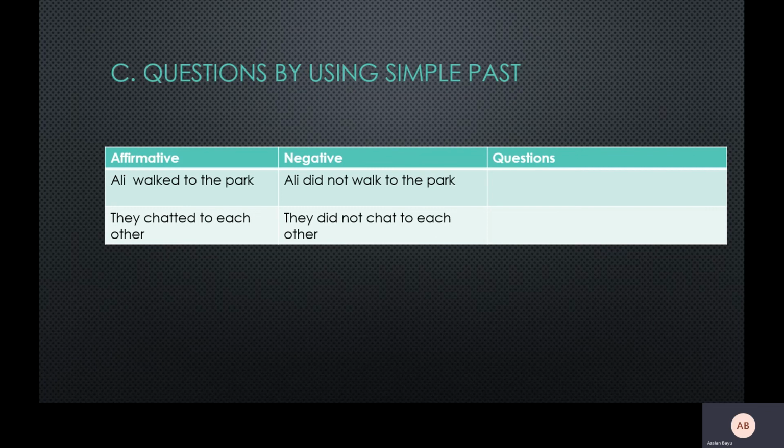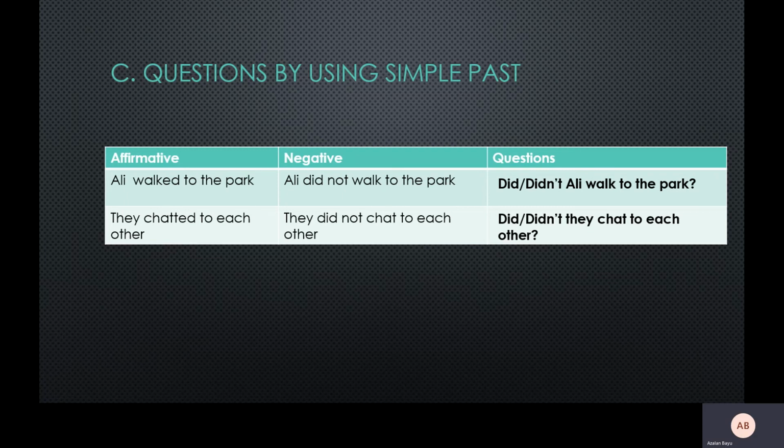Okay, to make a question is very simple. You just jumble up again. Okay, from the words Ali did not walk to the park or Ali walked to the park, it becomes did Ali or didn't Ali walk to the park. We just switch the word Ali, so the word did is in front of the sentence, at the beginning of the sentence, and Ali comes after that. Okay, so it becomes verb, subject, and object.